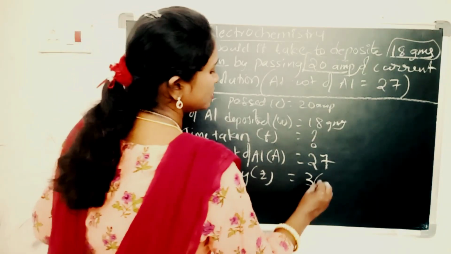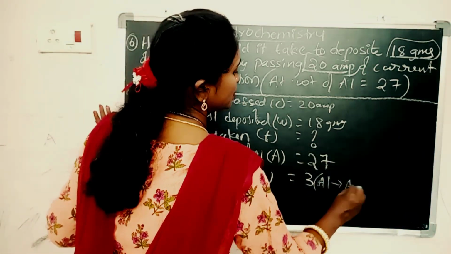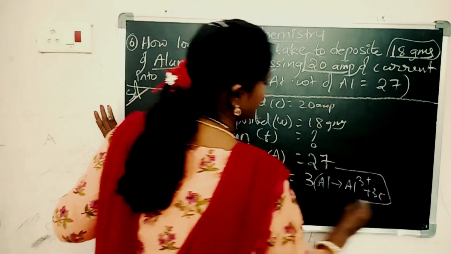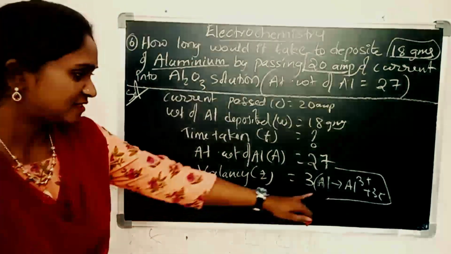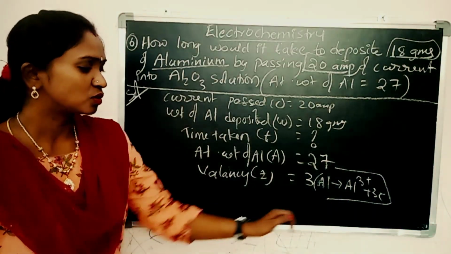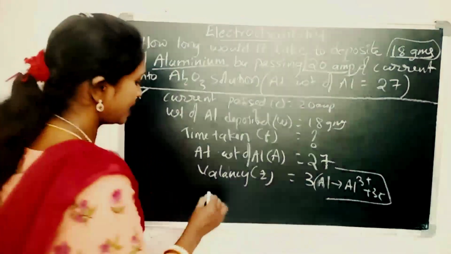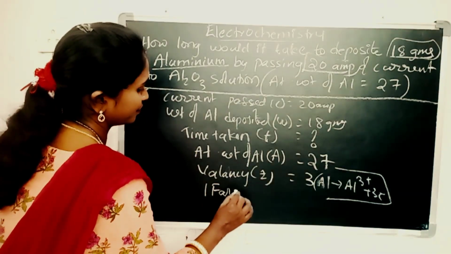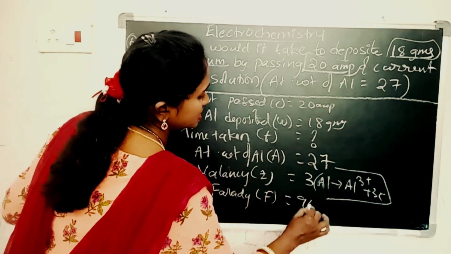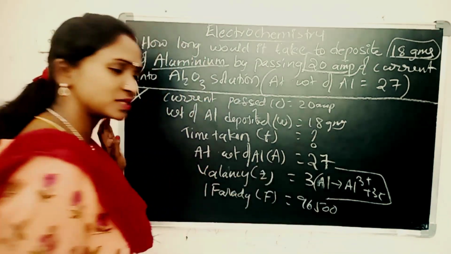Because Al gives rise to Al3+ plus 3 electrons, this is the equation by which we can get the valency. So valency = 3, and 1 Faraday, F = 96,500 coulombs.